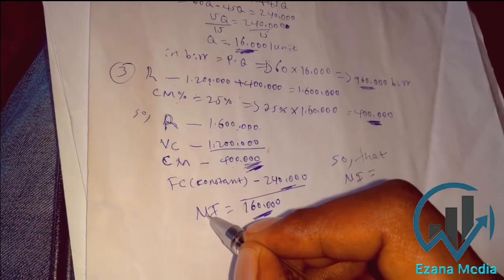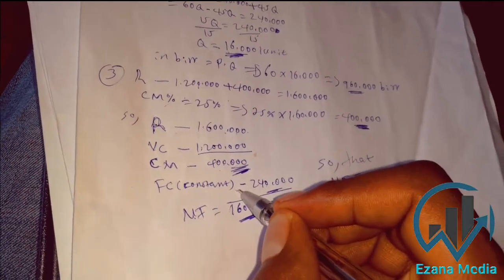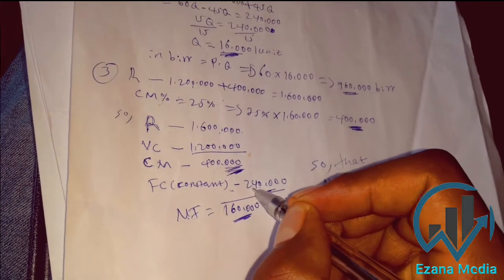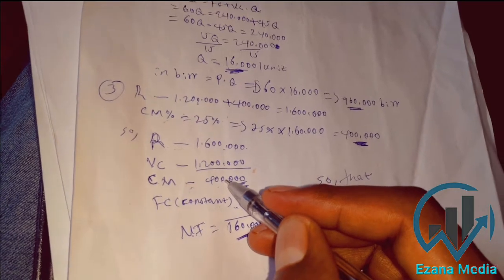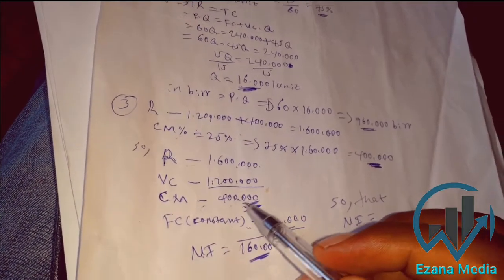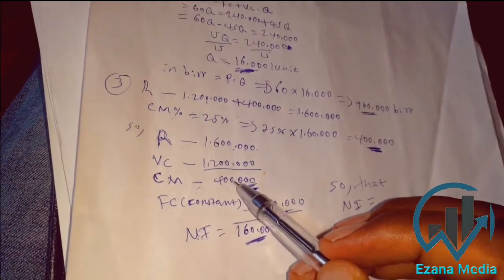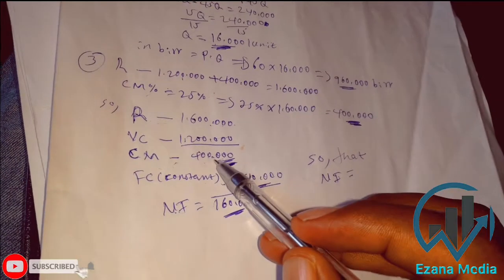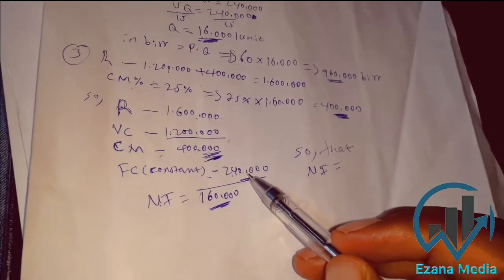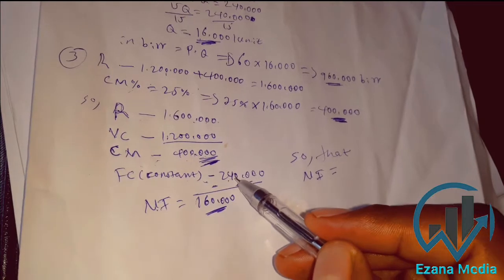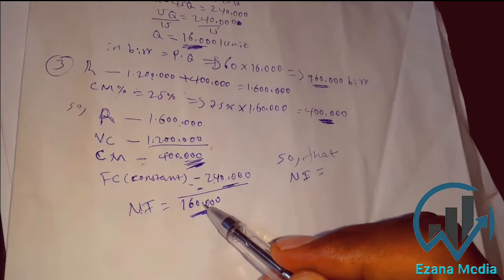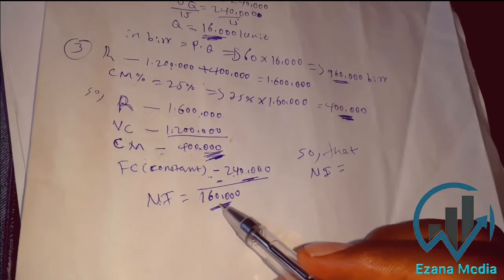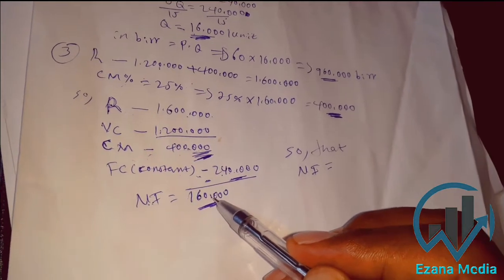Fixed cost is constant, it is given, and contribution margin we can get as 400,000. So net income is equal to 160,000.